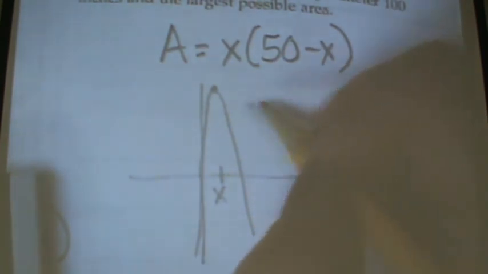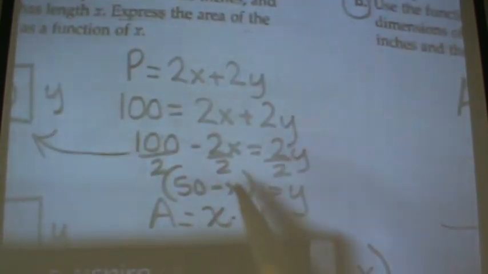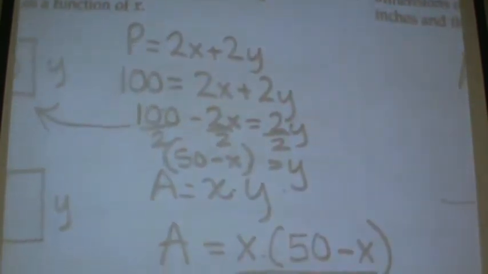This is your picture. It looks like this. I want to know what this is. This x value is going to give me this x value here, and then I can figure out what y is.